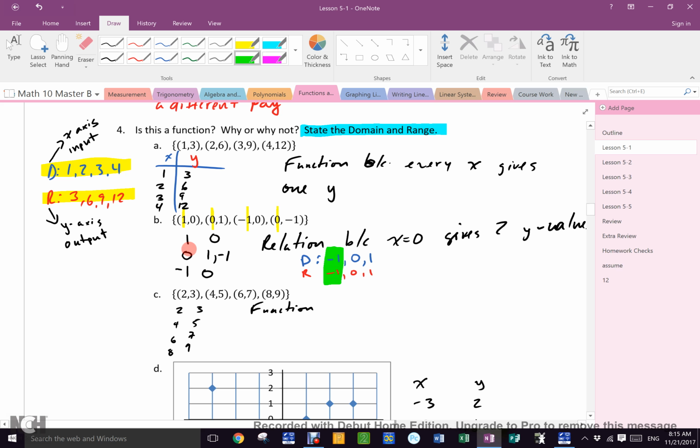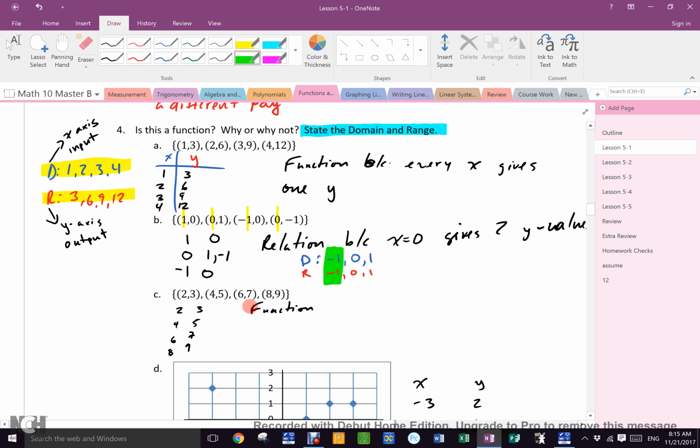Is -1, -1 any of our points here? No. So you got to remember, once you separate into domain and range, it's no longer X, Y. All right? Does everybody understand? Now up here, it happened to work X, Y. Does everybody understand this? All right.